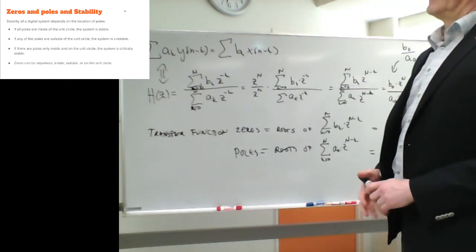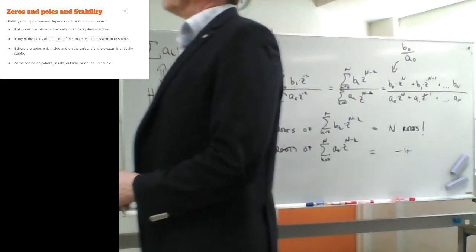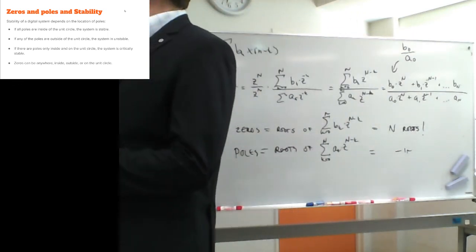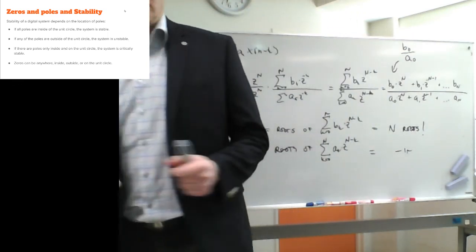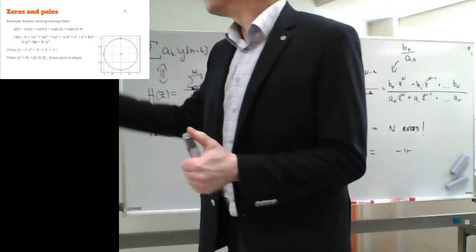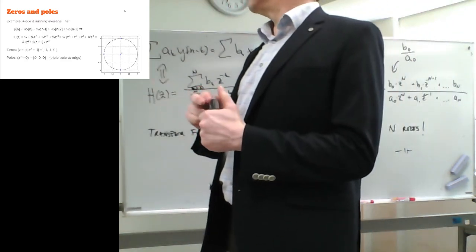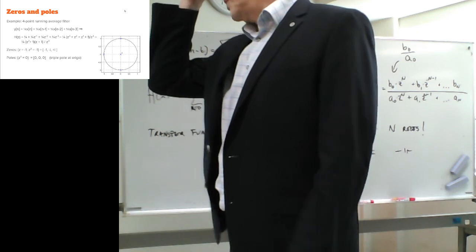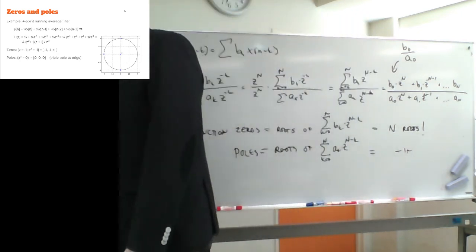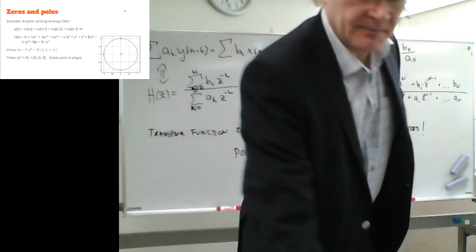And that's about the stability. All poles are inside the unit circle, so the system is stable. The 4-point average is absolutely stable; all the poles are inside.